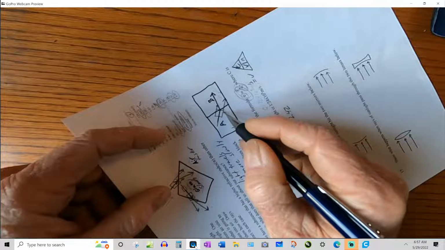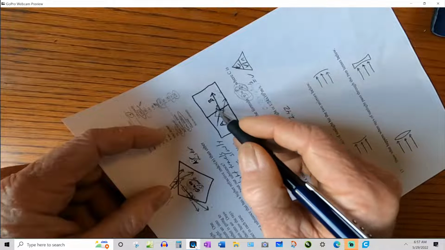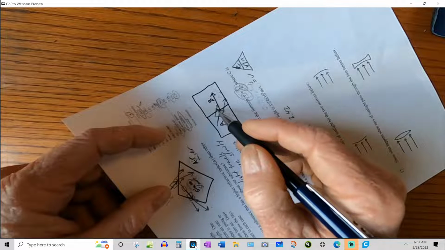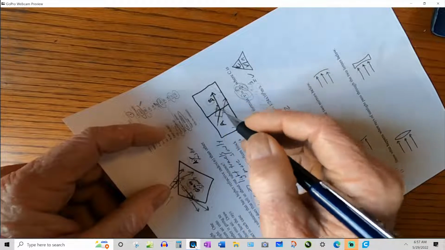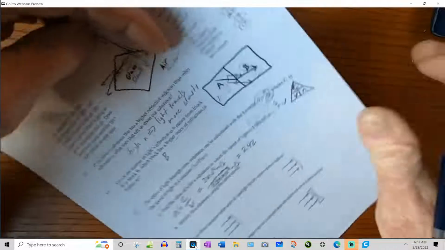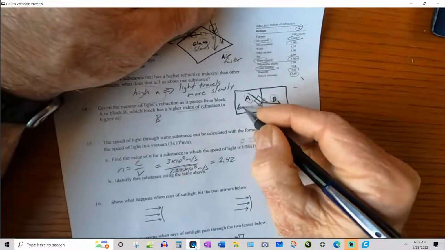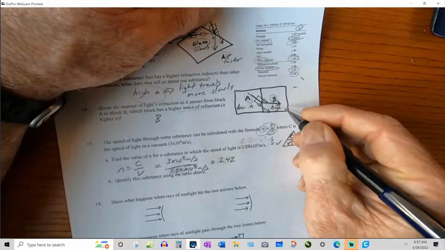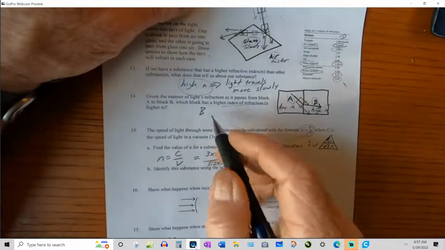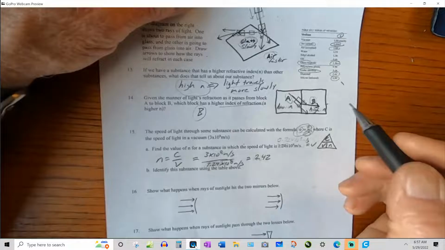So this material over here is a material where the light goes fast. And this material over here is a material where light goes slowly. So B has a high N, and A has a low N, which is what I wrote before. Low N, except it looked like lone, high N. Which one has a higher index of refraction? That's B.